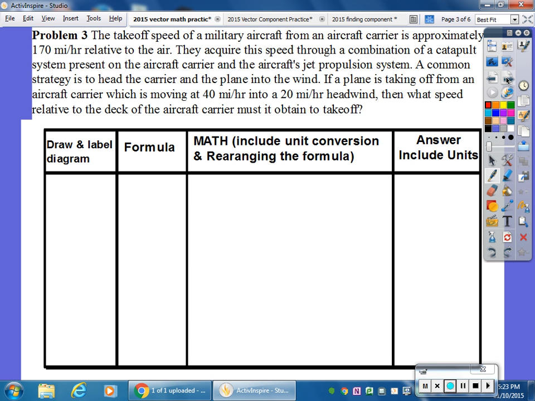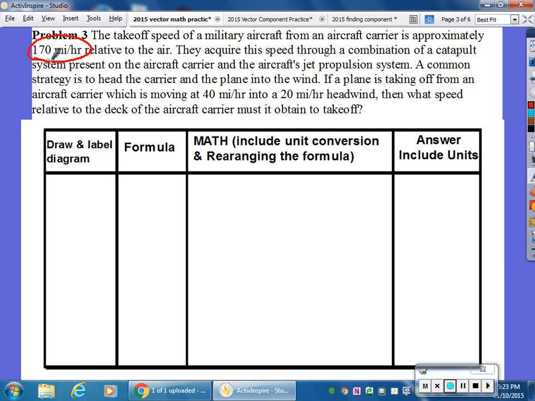It says that an aircraft on the deck of an aircraft carrier is required to reach an airspeed of 170 miles an hour to create enough airspeed so that the air would lift the plane up off of the deck and keep it flying.